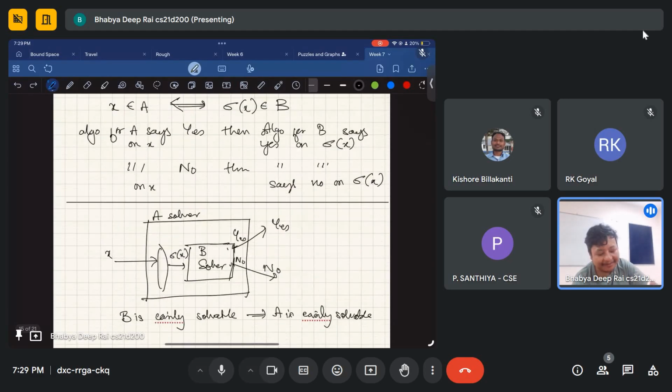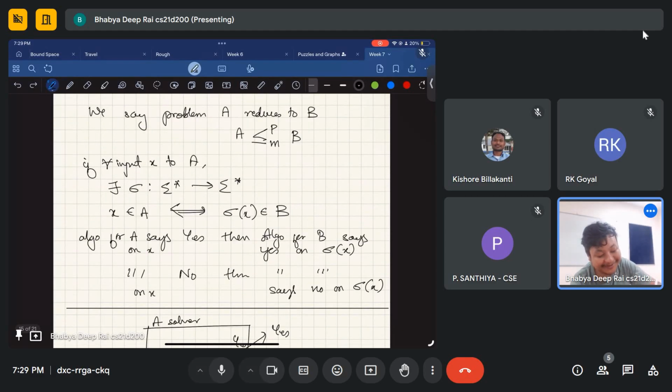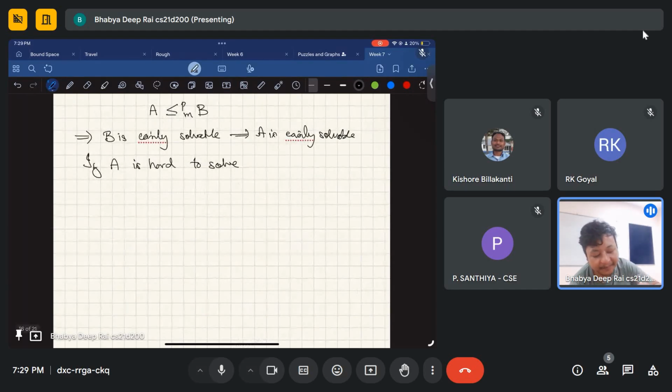Oh, by the way, the sigma process should be computable in polynomial time.